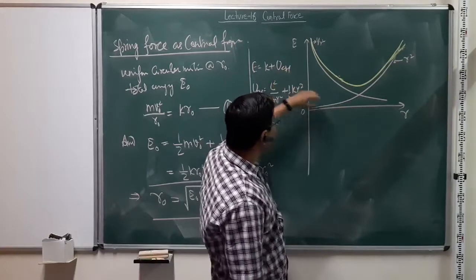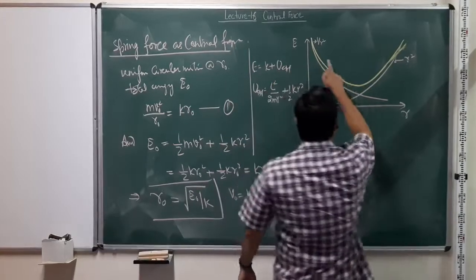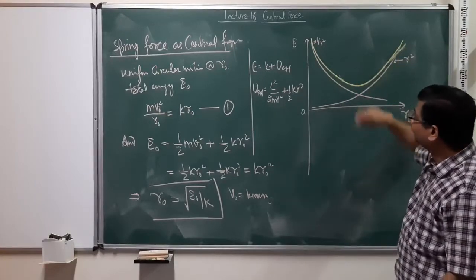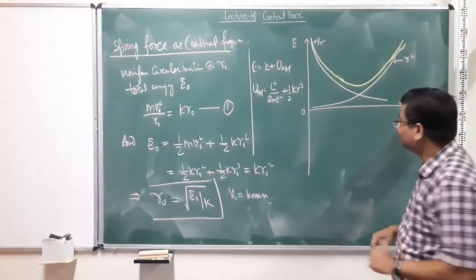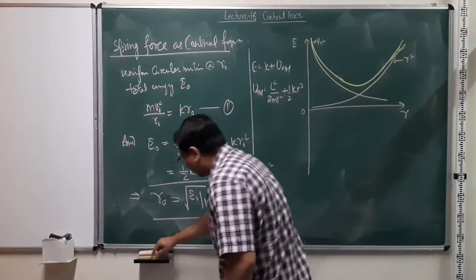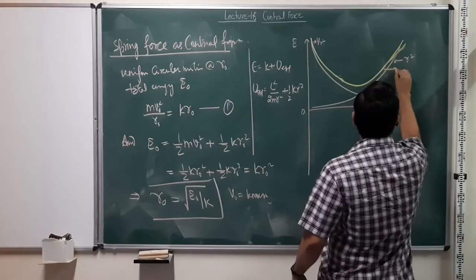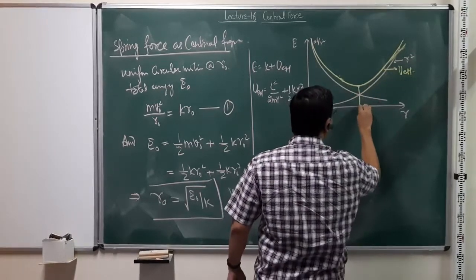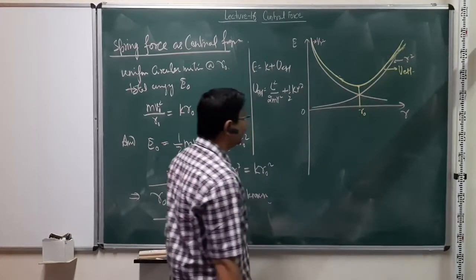So here the potential is always positive. However, we can still see that it has this parabolic shape, which is representative of confinement. So this will be the effective potential, U effective, for this system.